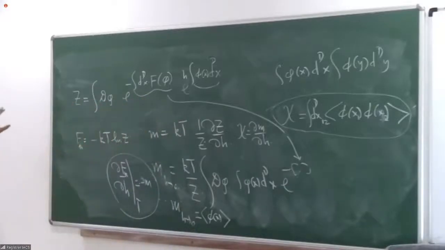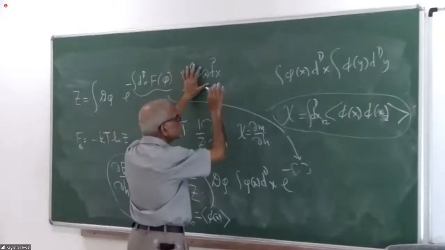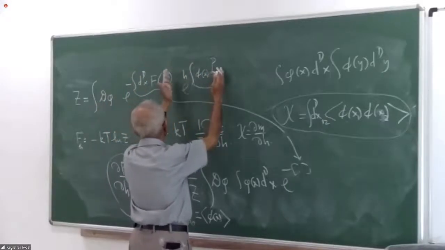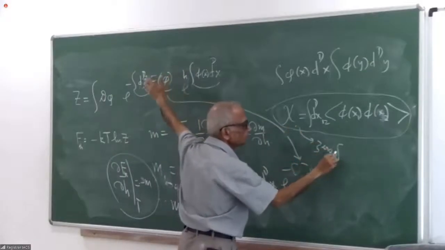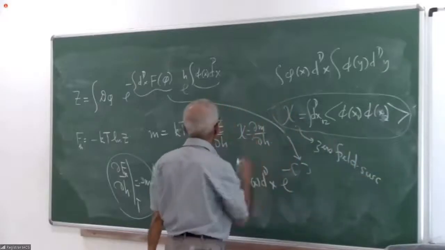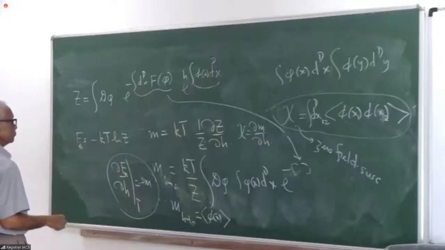So I know how to calculate the magnetization. All the expectation values are calculated by just the phi part of it, because this is the zero field susceptibility. This is the zero field magnetization that we talked about over here.